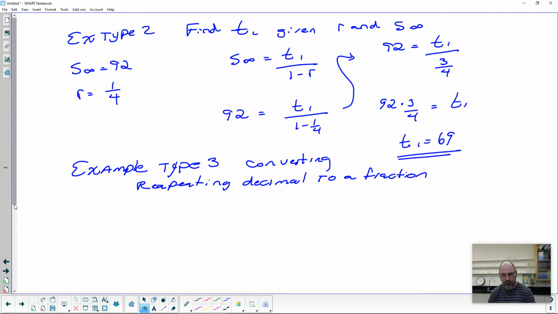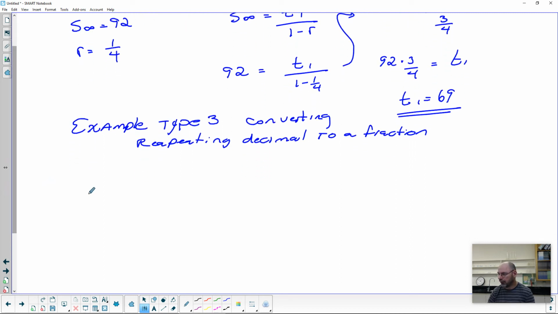So let's say that we have, write 0.25 repeating as a fraction. Or no, let's not do that one. Let's get something that is 0.63 repeating as a fraction.